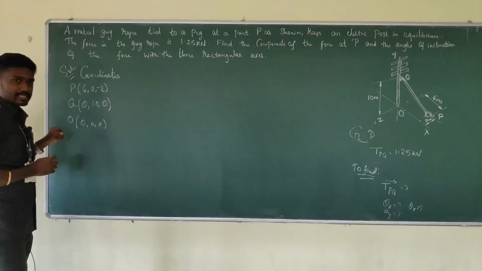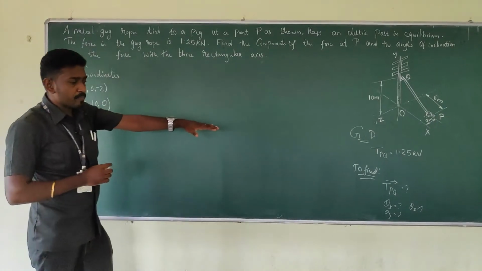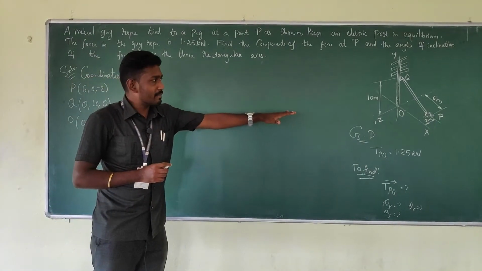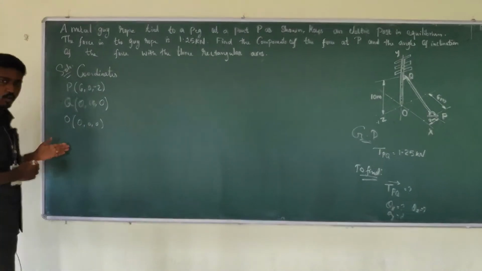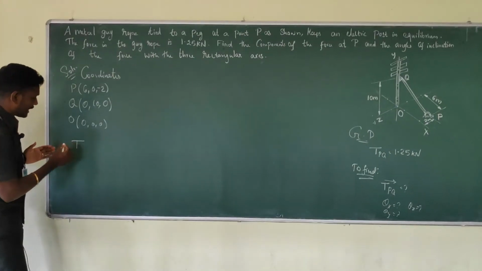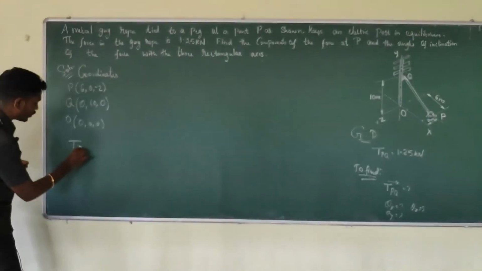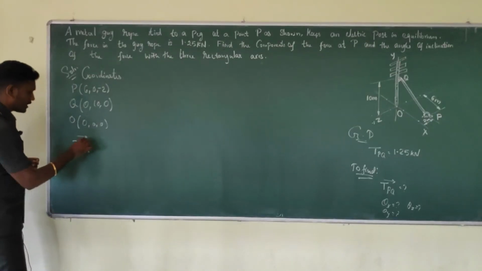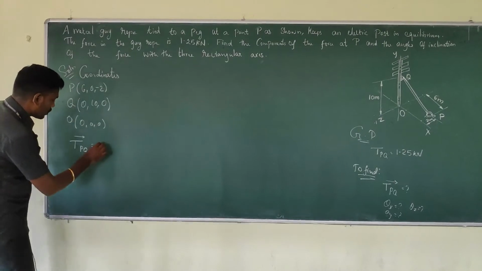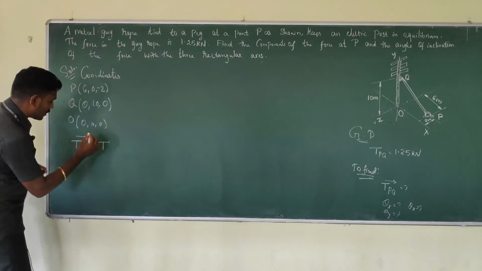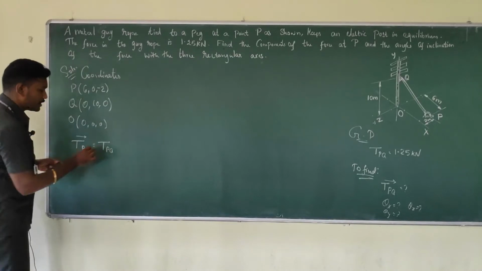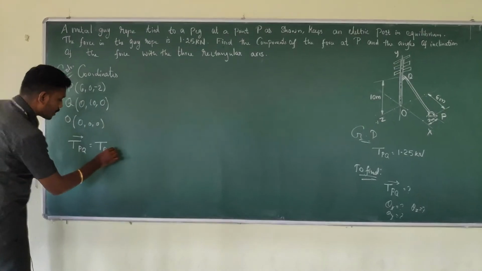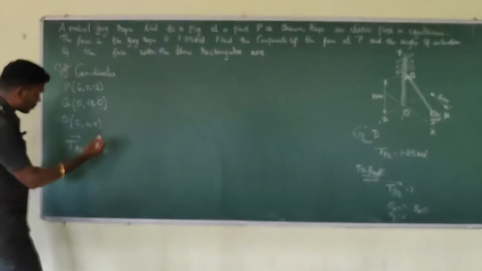Okay. So next, our task is to find the force. Am I right? Force acting between P and Q. So that force can be specified. Force vector we know. Here it is in terms of tension it is given. PQ vector is equal to magnitude of that particular force vector, so that T_PQ dot product of what?